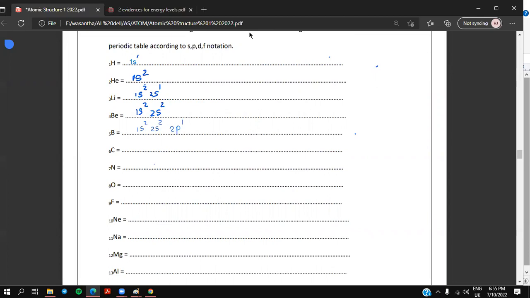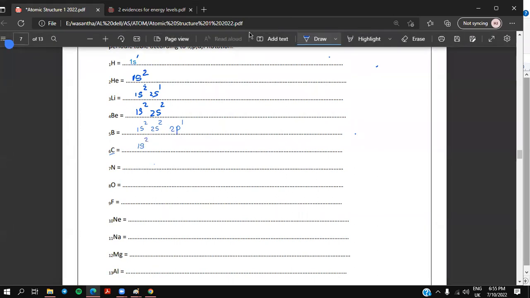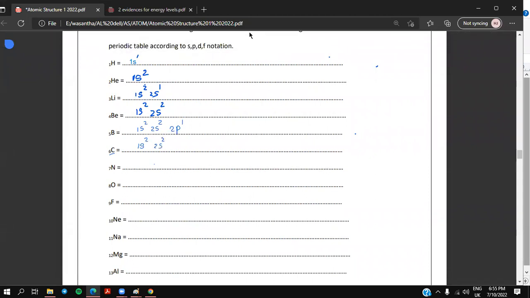Now come to carbon. Carbon has 6 electrons. Of course, what you see is the protons, but proton number is equal to electron number. So we can write the electronic configuration for 6 electrons in spdf notation: 1s2, 2s2. 2 plus 2, 4 electrons are used up. 6 electrons altogether, so 2 more electrons remain.